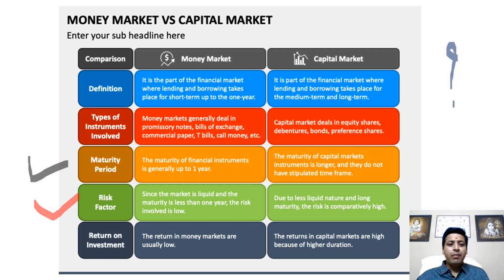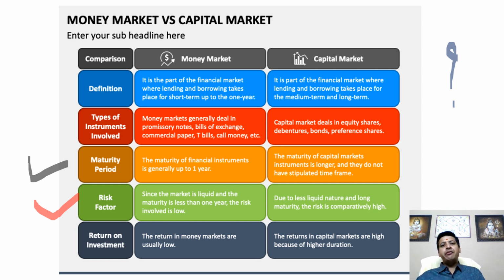Always keep in mind that if you are investing in a money market, you have lower risk. That means whatever return they are telling you or you are expecting, nearby return you will get in the money market. So loss in money market is always low, and risk is always low.